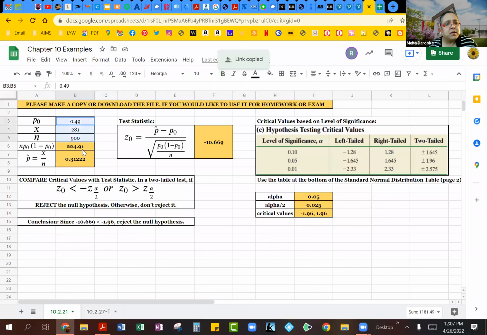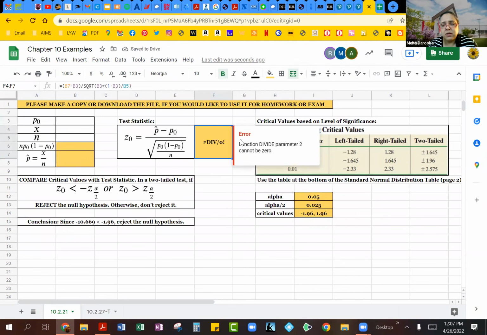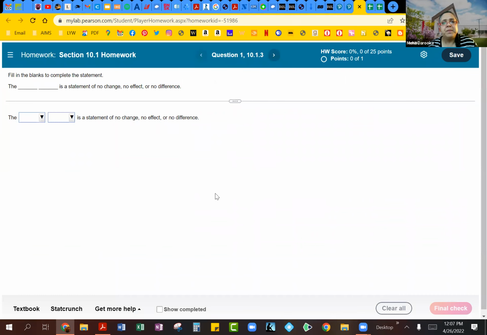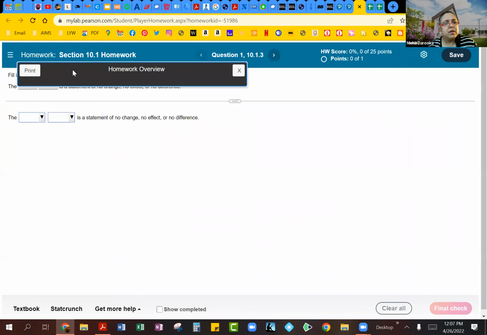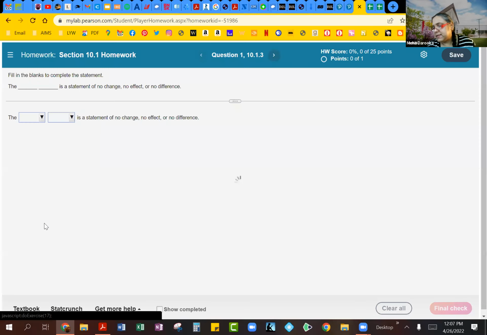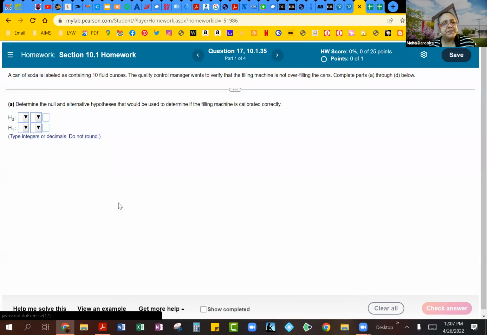And I'm going to have to clean this out. Okay, so let's do, oh, this is 10.2, not 10.1. Well, very quickly, let's do number 17 here.